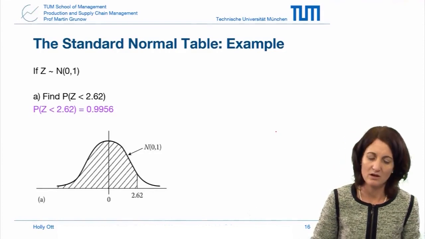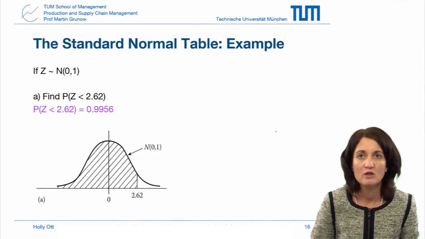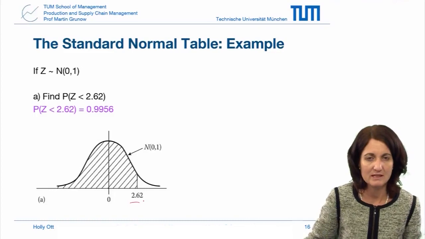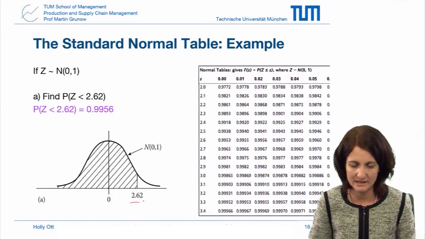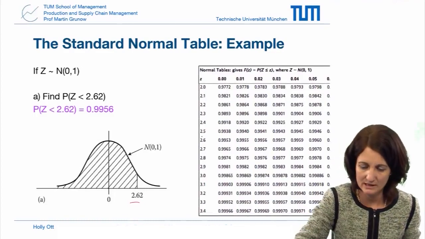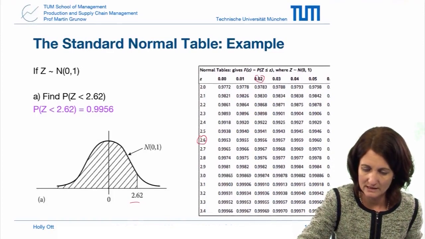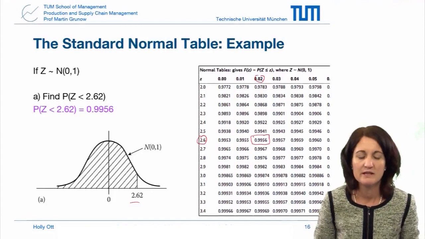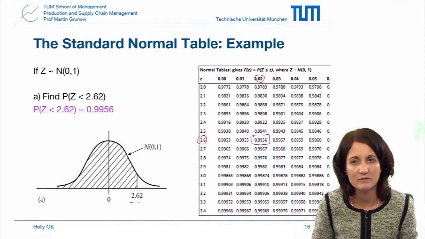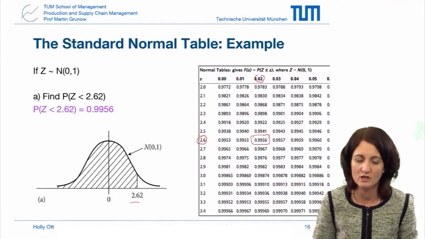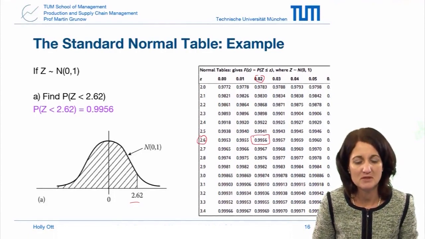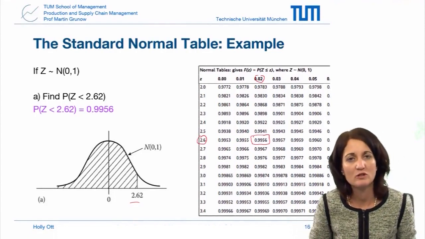We have here our normal distribution. We have Z 2.62, and we look up in the table, 2.62. There's the proportion, 99.56% of our population will be below 2.62. Look at our picture, looks reasonable.